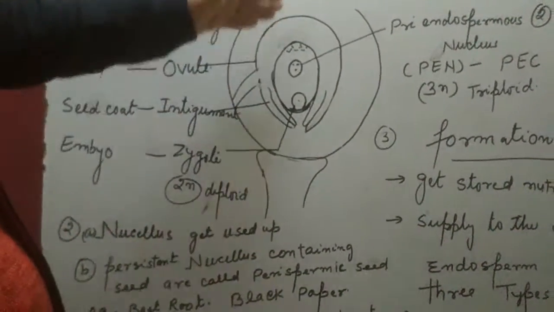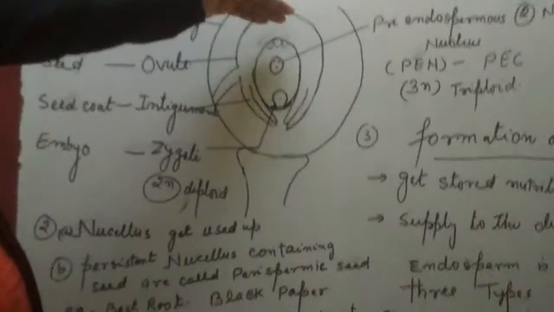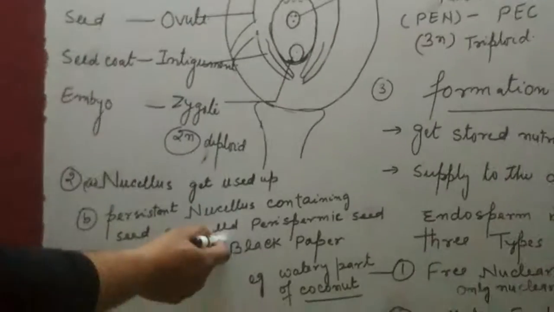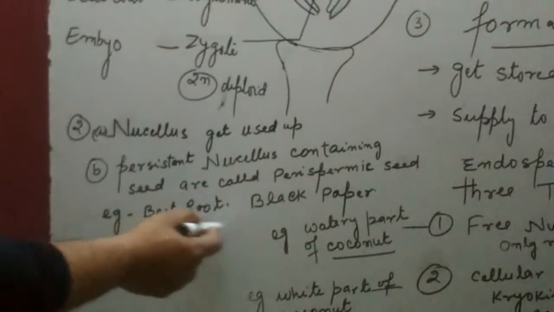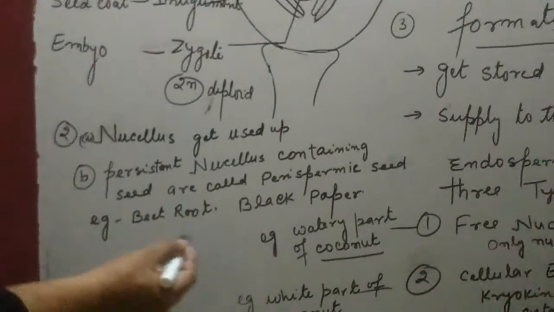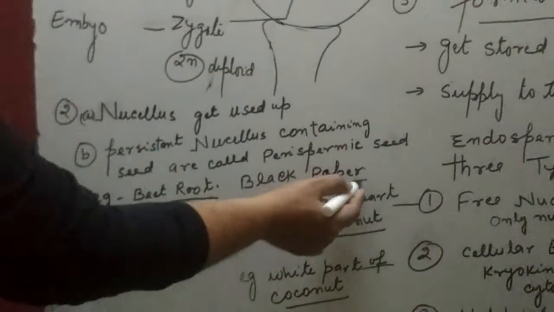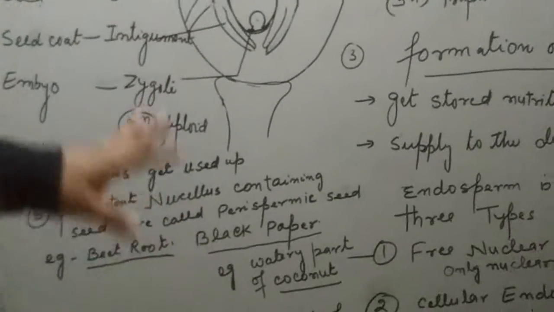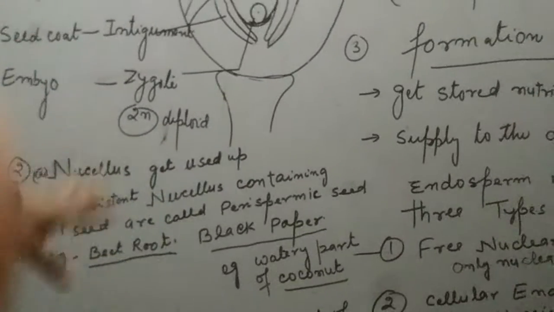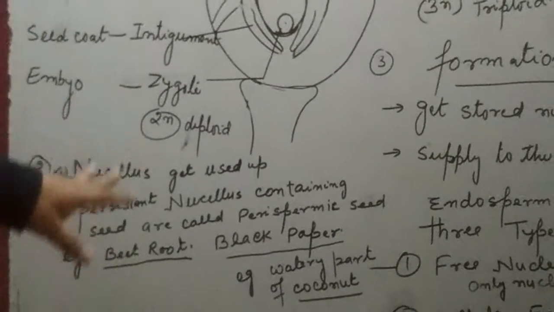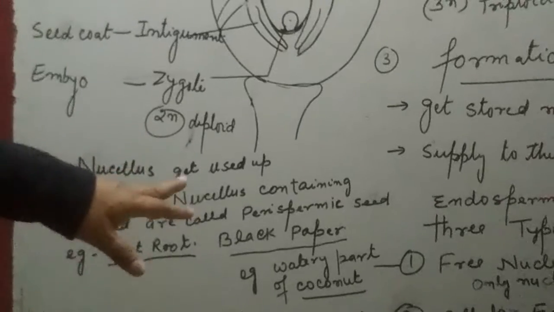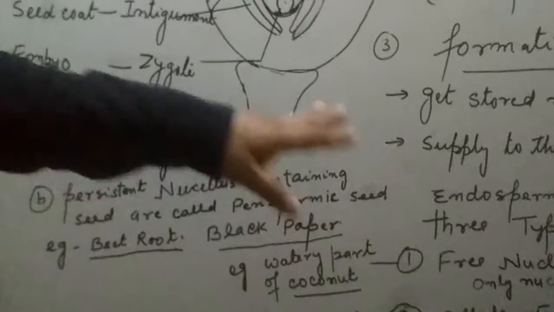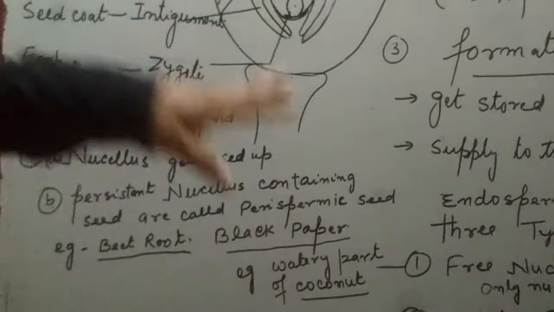It remains in contact with the embryo sac, for example in beetroot and black pepper. The persistent nucellus seed is called the perispermic seed.